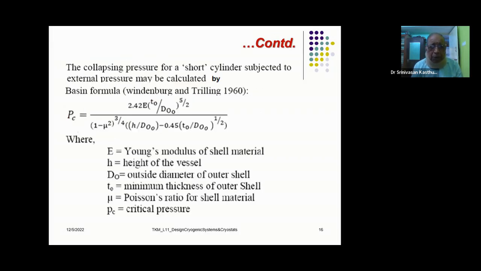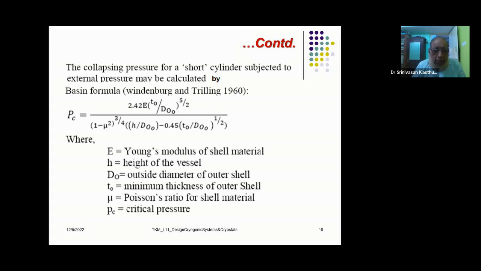Now, the collapsing pressure for a short cylinder subjected to external pressure may be given by the basin formula. The reference is Windenberg and Trilling in 1960. It's a very early paper.